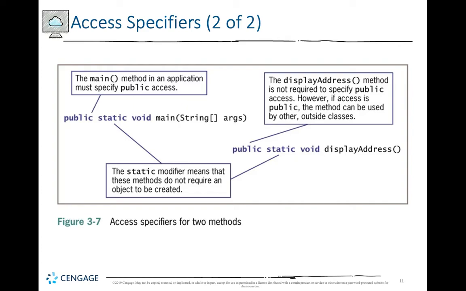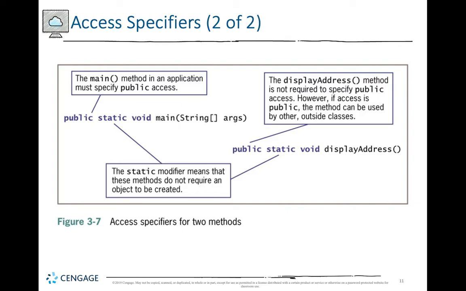Okay, here's our sample code. You have the public static void main method, the main method in the application, and the public static void main method has to be public. Otherwise, your application won't run, right? And then you have the display address. Here, display address is not required to have public, but it's a good idea.